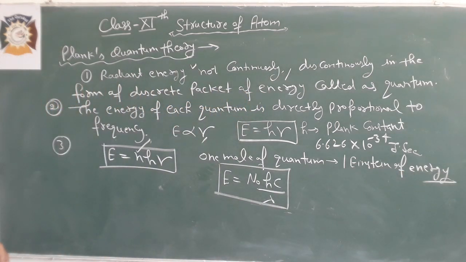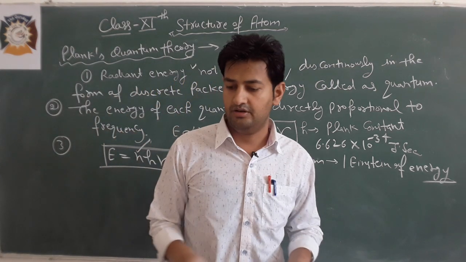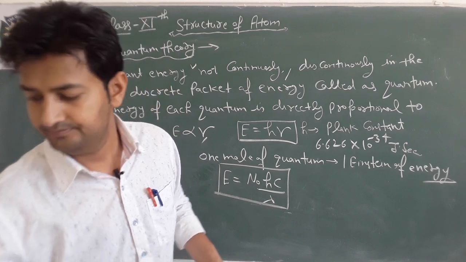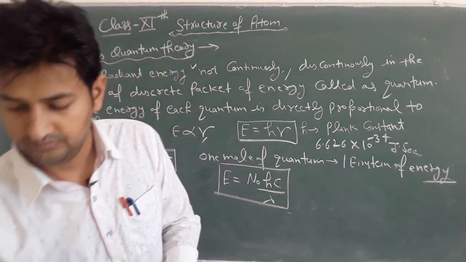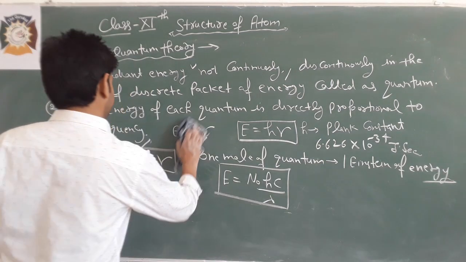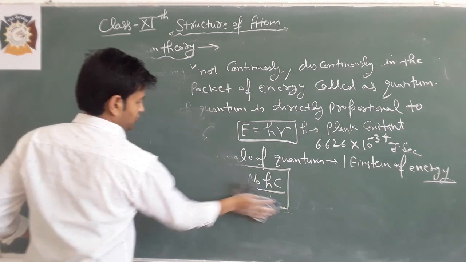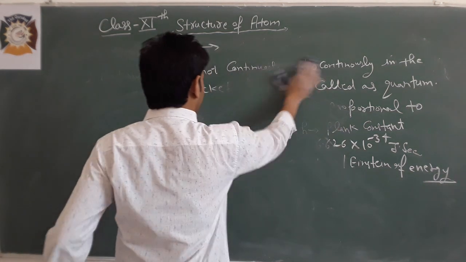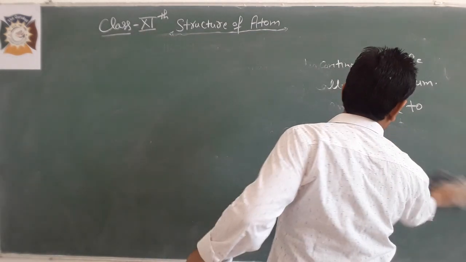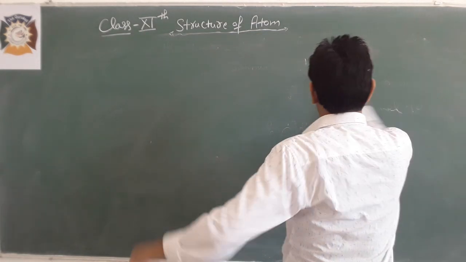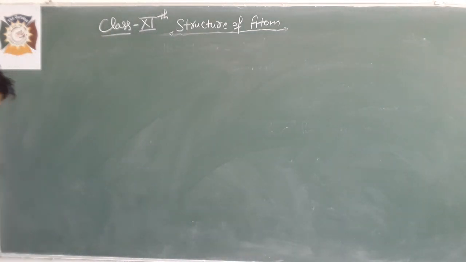Now we are going to discuss one numerical. We have to calculate the number of photons emitted when a monochromatic source having power 100 watt is applied.